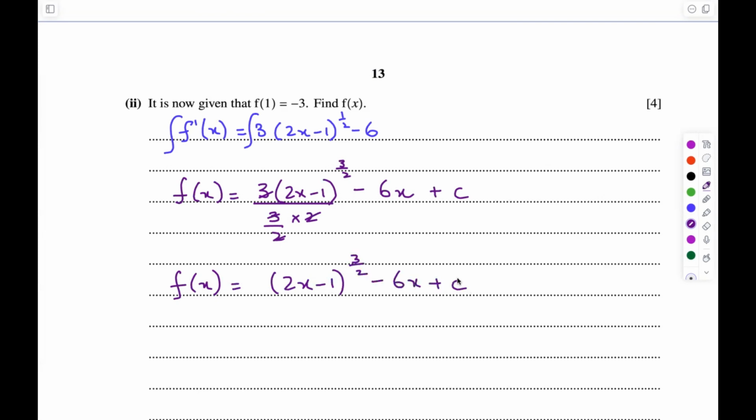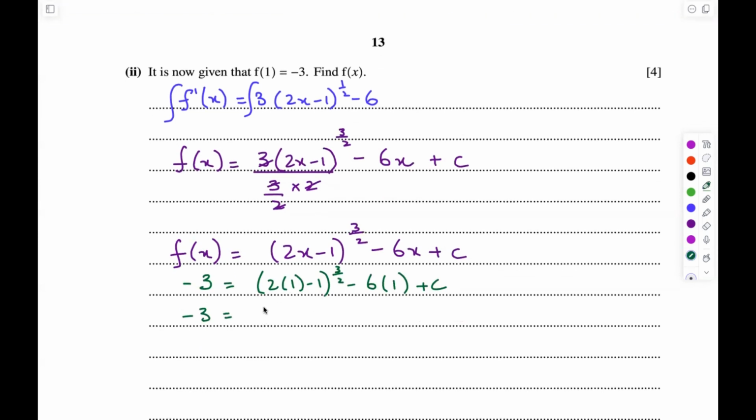Now to find the value of c, we have that f of 1 is equal to minus 3. So when x is equal to 1, the function will be equal to minus 3. So minus 3 is equal to (2 into 1 minus 1) to the power 3 upon 2 minus 6 into 1 plus c. So minus 3 is equal to 1 to the power 3 upon 2 which is 1, minus 6 plus c.